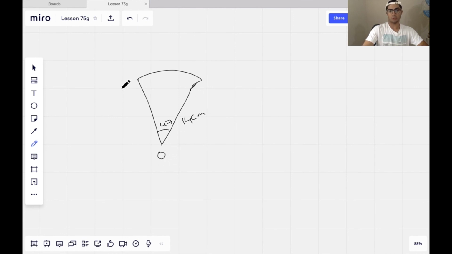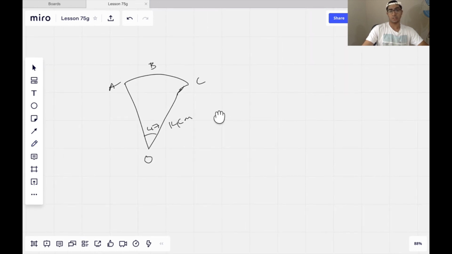This is OABC, and then you also calculate the perimeter of this shape. What's important to remember is not only do you have to calculate the arc length, but then you have to add the 14 and the 14, which is a common mistake students sometimes make.